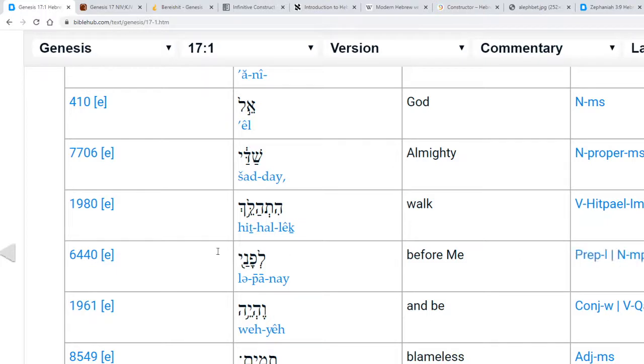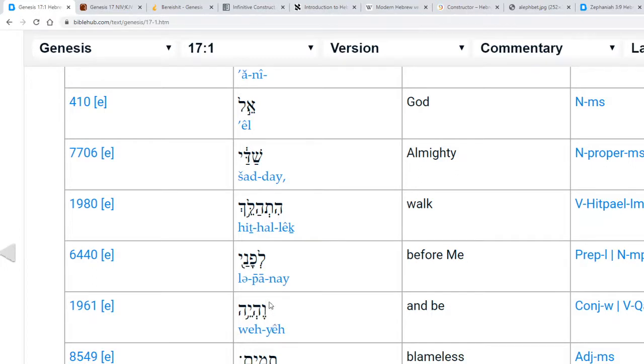So they have prepositional lamed. Panim, it's the noun masculine plural, but it's in the construct form, and that's what happens when it takes a suffix like this. And the suffix that it's taking is the yud, the first person common singular. Okay, lefanai, before me, kind of to my face, but ahead of me, right? Lefanai.